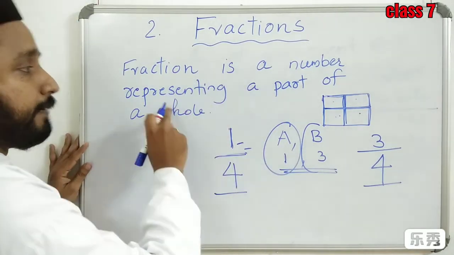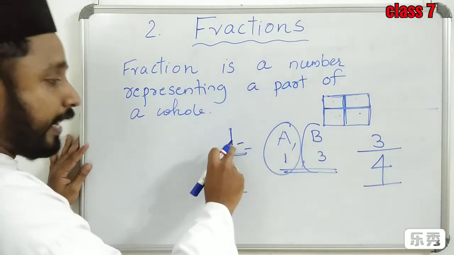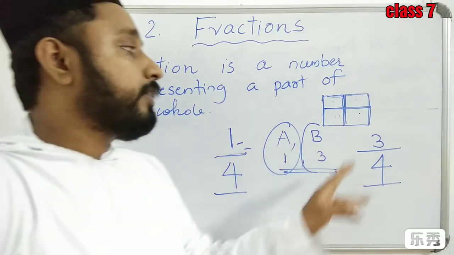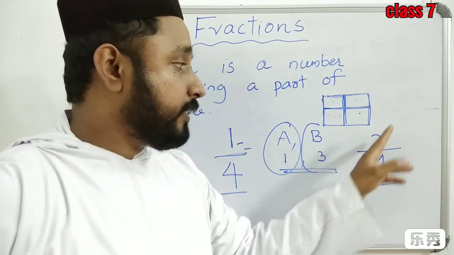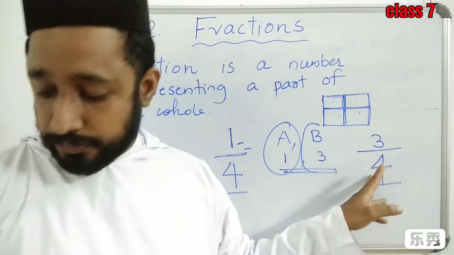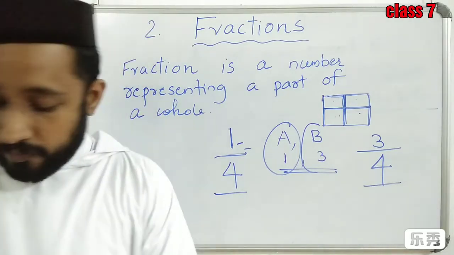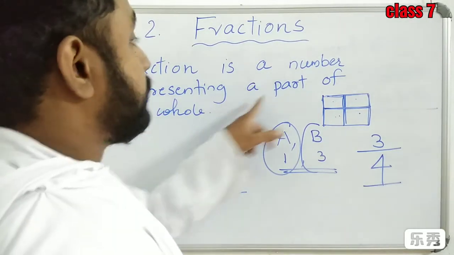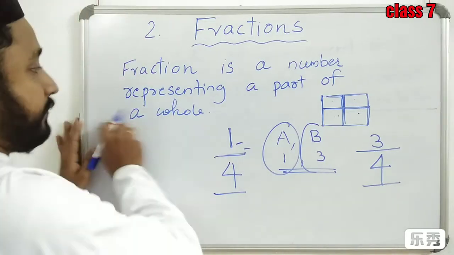Here B got 3 pieces: 3 is the part and 4 is the whole, so 3 by 4. So a fraction is a number representing a part of a whole.